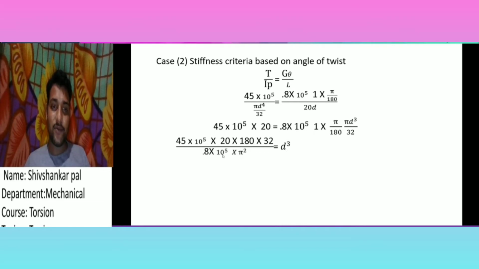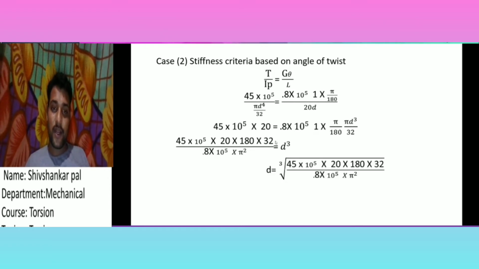So we write d cubed equals 45 × 10^5 × 20 × 180 × 32 divided by 0.8 × 10^5 × pi squared.